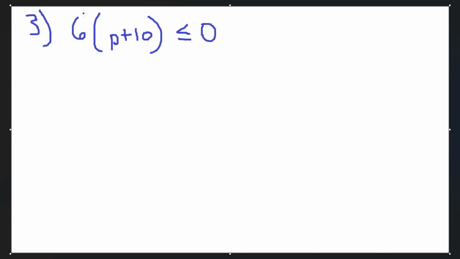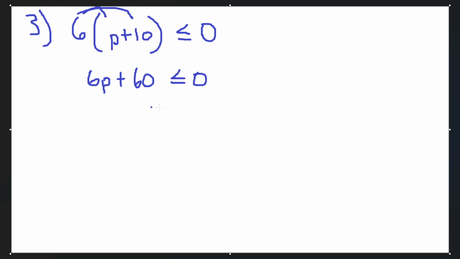Okay, so now we move on to number 3, which states 6 times p plus 10 is less than or equal to 0. Here we distribute: 6p plus 60 is less than or equal to 0.